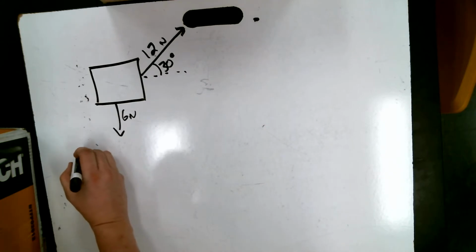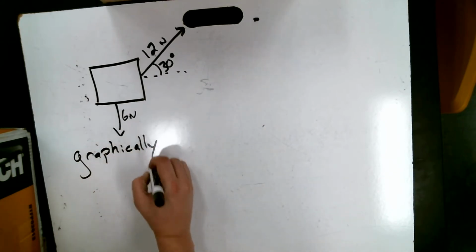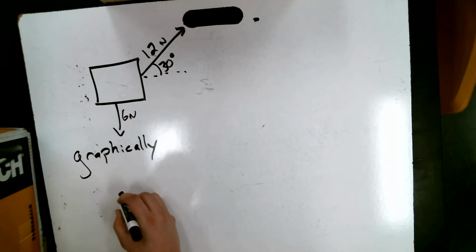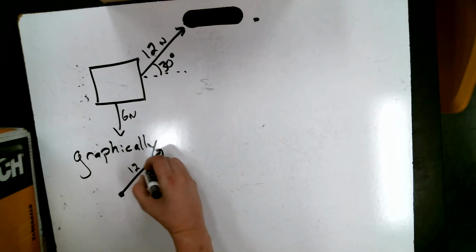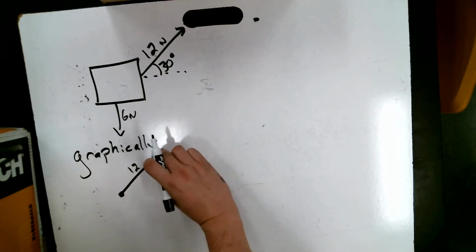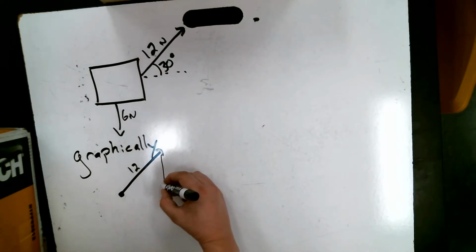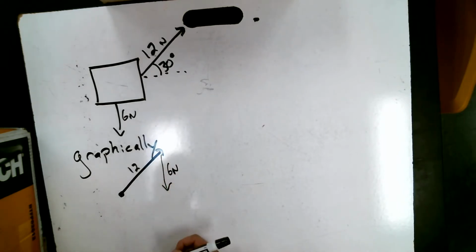So I'm going to do it graphically real quick. The reason I like to do graphically is I can kind of estimate how this is going to look. So I have 12 newtons up this way. So if it's about that long, about half that is going to be my 6 newtons. So maybe something down like this is 6 newtons.